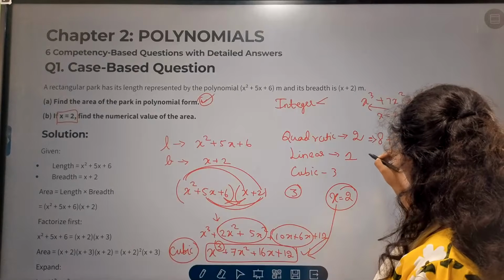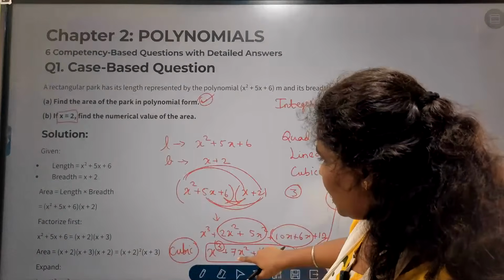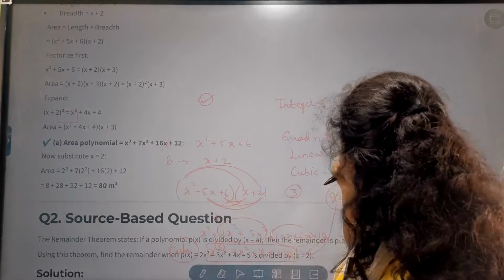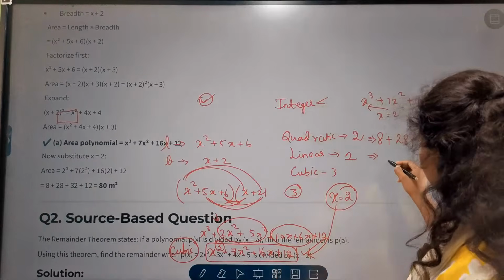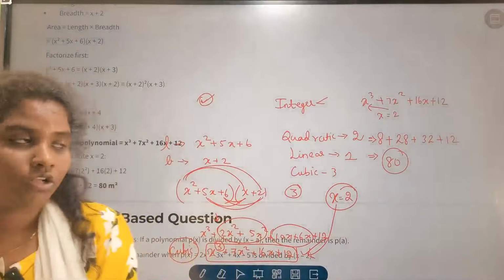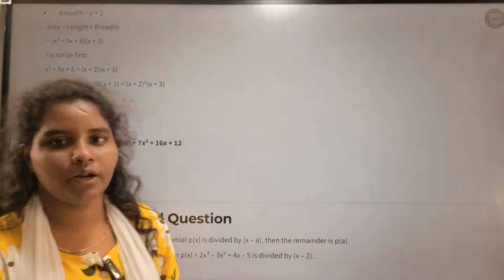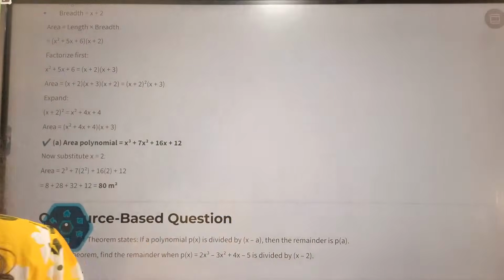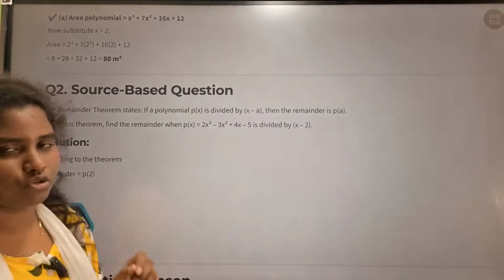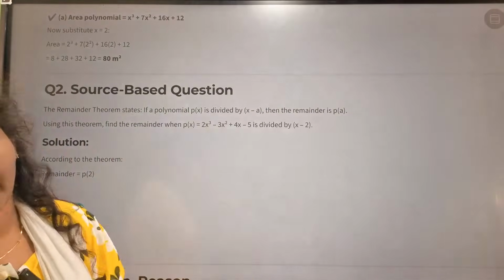If we add this, we'll get the final answer as 80, right? So this is a case based question. It's under polynomial equation. Then the next question is a source based question. So it's under factor theorem, that is remainder theorem.